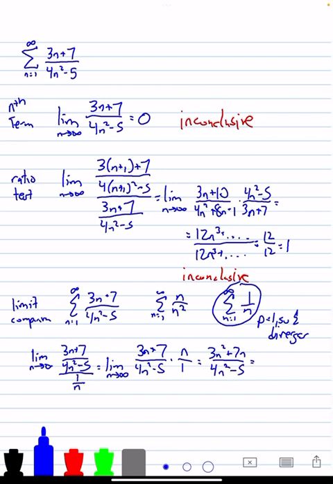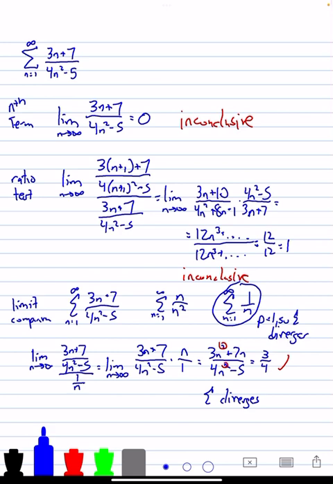All right, so when we look at this one, remember all of the rules, they have the same degree of n in the numerator and denominator, so we look at the leading coefficients. So this is 3/4. So now, we have a finite positive number. So that confirms it. Okay, so this series diverges if you go back and look at the rules for the limit comparison test.